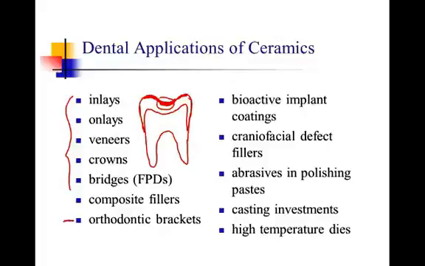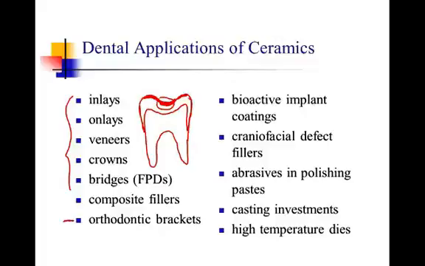Other important applications for ceramics take advantage of their hardness compared to other classes of materials, and so ceramics can be used as a coating on top of another material, as a surface layer.